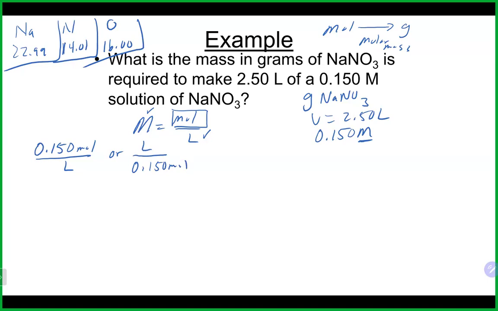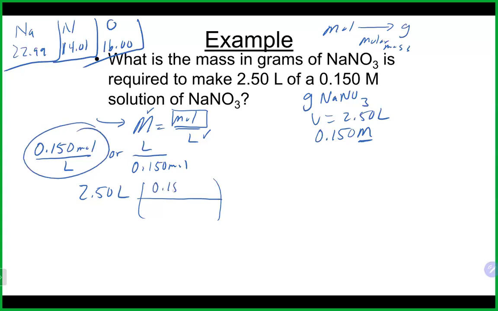So with that being said, what I can see is I have 2.5 liters. Now I don't have to worry about rearranging this equation because I know that I just need to go opposite to cancel, and that would be this guy over here that's going to allow me to do that. And that's going to be 0.15 moles per liter.